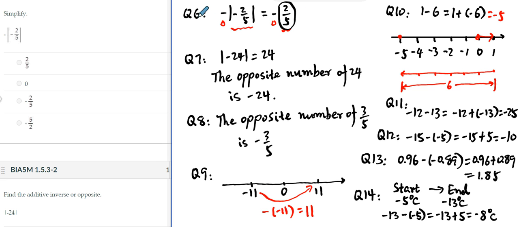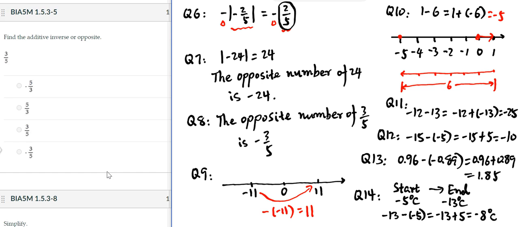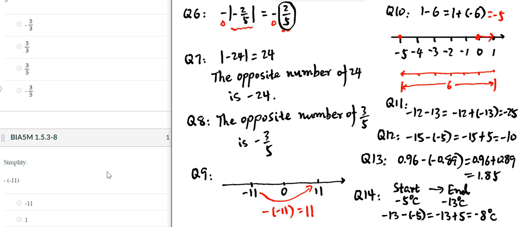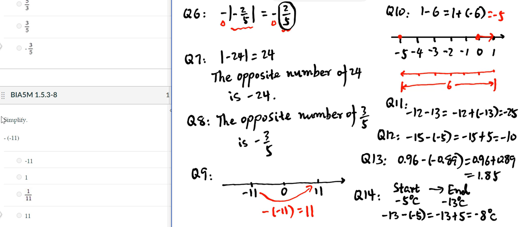This question 6 is totally different from question 9 in our assignment. In our assignment, question 9 is negative parenthesis negative 11. Here is absolute value. What's the meaning for negative 9? We know negative 11 and positive 11 are opposite.